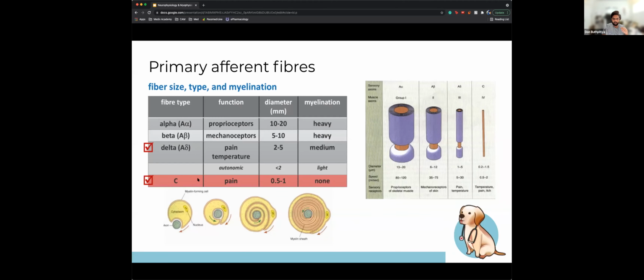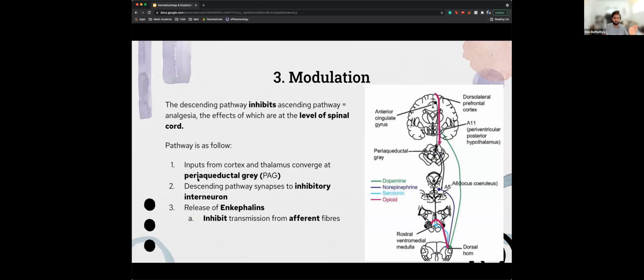Now, with modulation, what basically happens is as we get our pain going up to our brain, we also have a descending pathway that ends up inhibiting the ascending pathway, creating an analgesic effect. And these effects will be seen at the level of the spinal cord. So the way it follows is you have an input from your cortex and your thalamus, and they converge at the, I'm just going to use the initialization, the PAG.